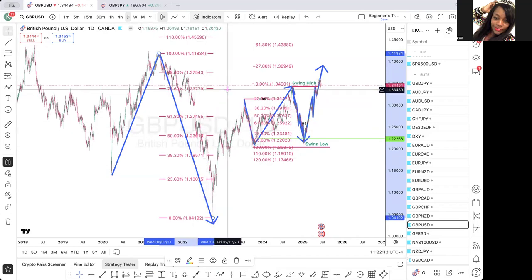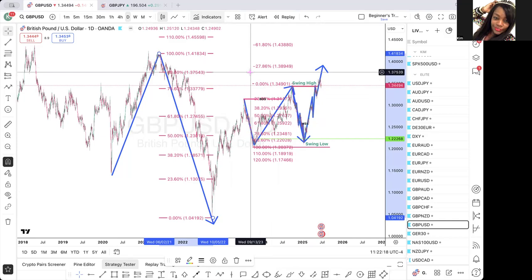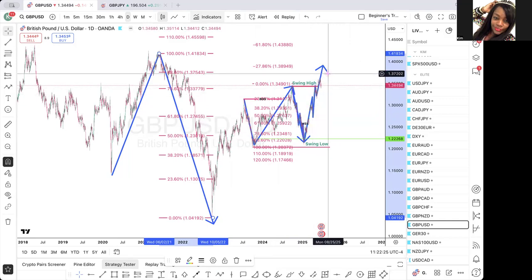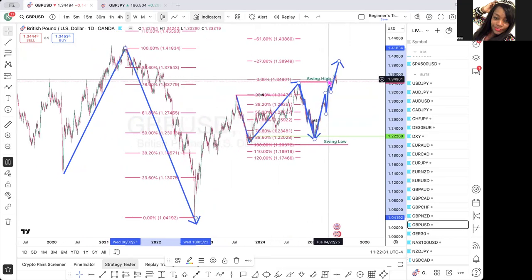I'm looking for price to come back to my 78 or 88. Once price gets to the 78 or 88, I then start looking for the structure that's being formed.